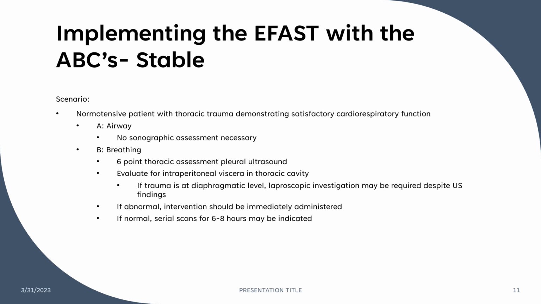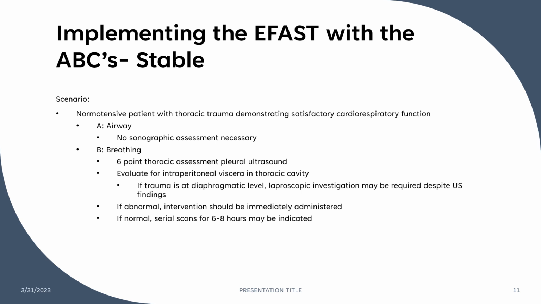Fluid is definitely going to settle in the most dependent area, so it can be important to scan posteriorly on the patient as well as anteriorly. You might look at the lung at the apex area anteriorly, as we described earlier in this lecture, and then roll the patient up very slightly to assess it posteriorly, because posterior is where you're probably going to find any of the fluid.